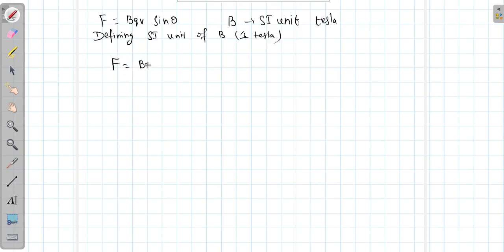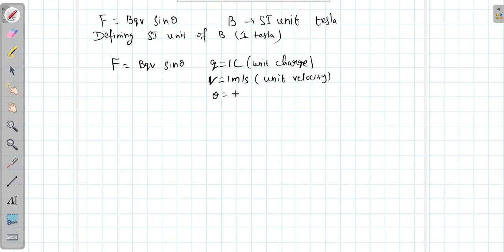F is equal to BQV sin theta. In this case, the charged particle of 1 coulomb, unit charge, moving with unit velocity, 1 meter per second, perpendicular to the magnetic field.